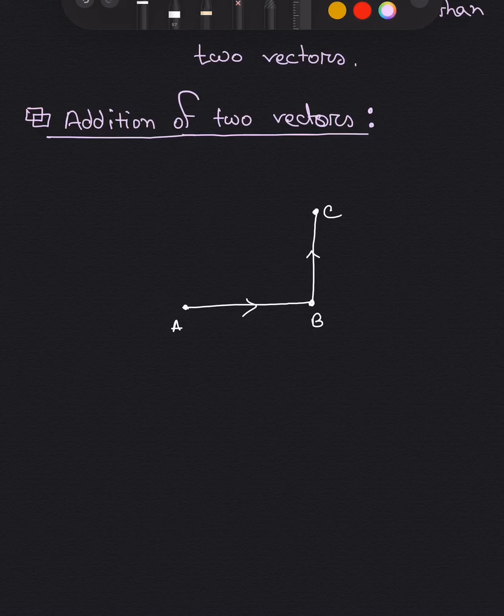Suppose point A is your home, point B is your school, and point C is a shop. You first travel to your school from home and then to the shop from school. So if we add these two vectors, or sum up this displacement, what do we see? You travel from your home to the shop. This is the basic of addition of two vectors.